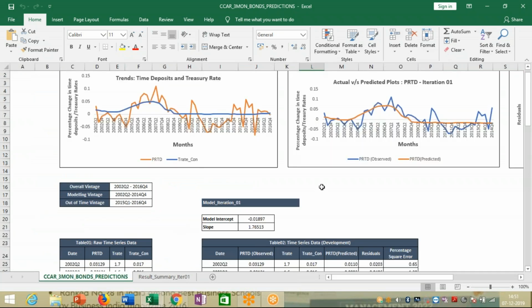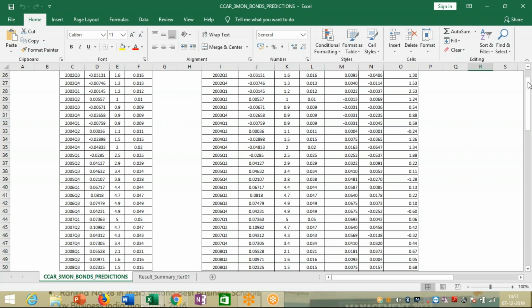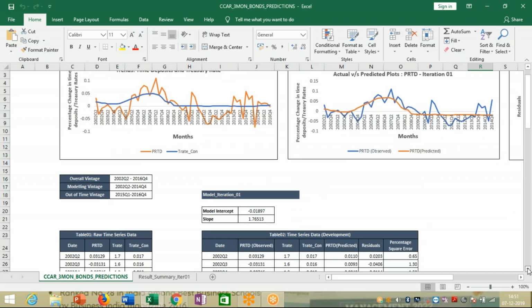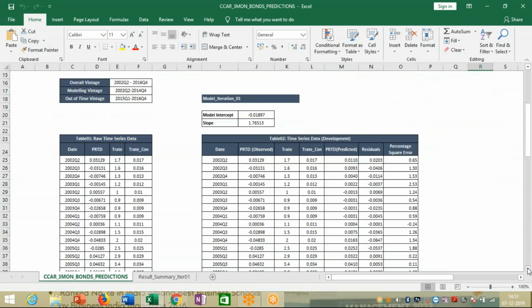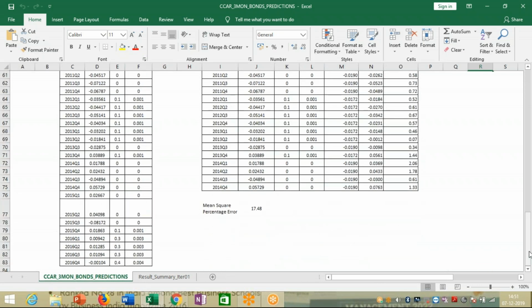What we had done was look into the accuracy of the model, and how the historical figures looked: the actual versus predicted figures, and the extent of the inaccuracy in the model.